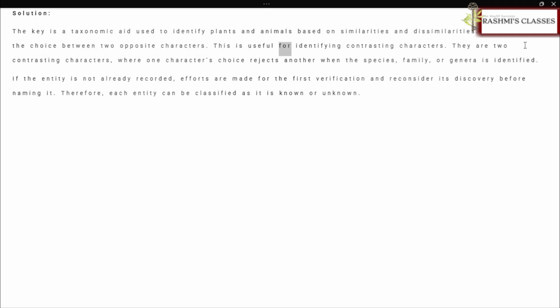This is useful for identifying contrasting characters, where one character's choice rejects another when the species, family, or genera is identified. If the entity is not already recorded, efforts are made for the first verification and to reconsider its discovery before naming it. Therefore, each entity can be classified as known or unknown.